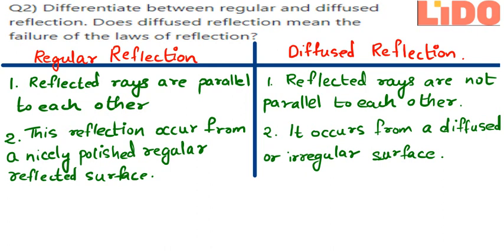In diffused reflection, the surface is rough, so the law of reflection holds true.